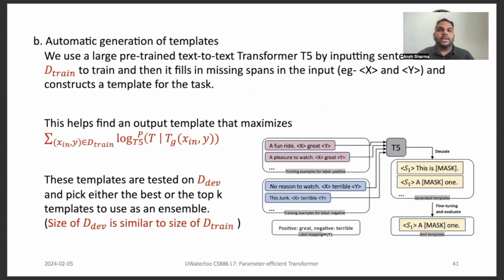In automatic generation of templates, the authors have used a large pre-trained text-to-text transformer, T5, to take input sentences from the training set and fill in template tokens like X and Y to create an initial template for the prompt. All these templates are built using a label mapping scheme. These help find the final output template that best fits. This is done by testing them on the dataset D-dev.